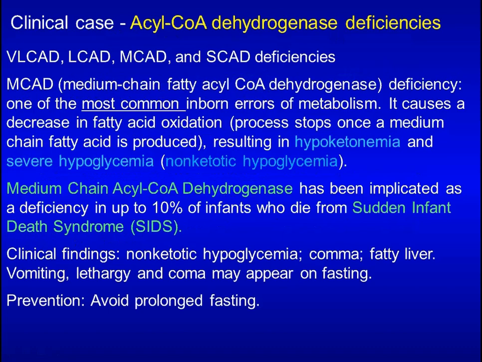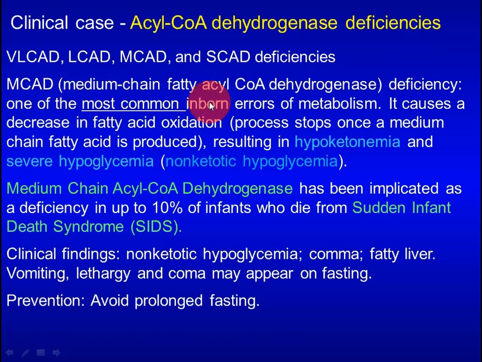Here is a clinical correlation. Acyl-CoA dehydrogenases comprise a family of chain-length specific enzymes, including very long-chain, medium-chain, and short-chain acyl-CoA dehydrogenases. Among them, medium-chain acyl-CoA dehydrogenase deficiency is most common.